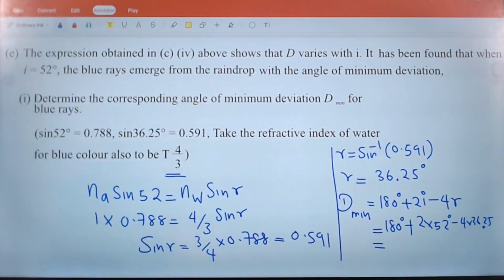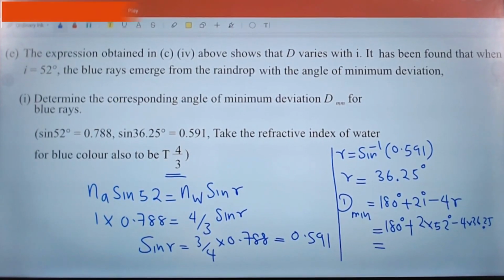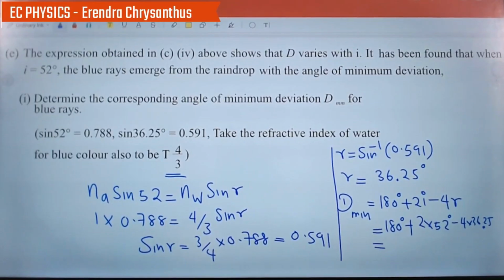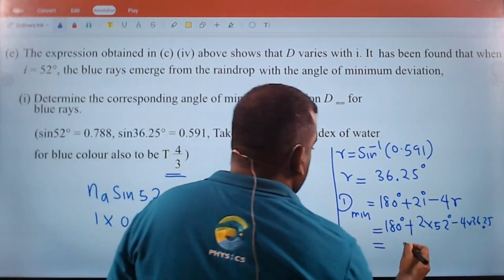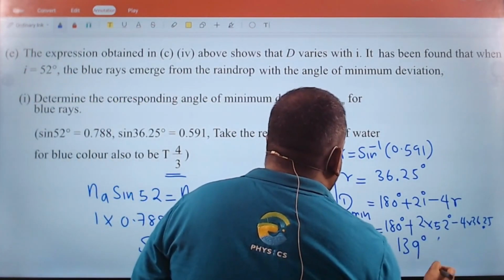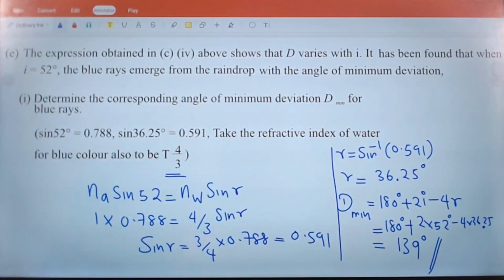If you simplify this relationship, you will get 139 degrees. These are for blue color.